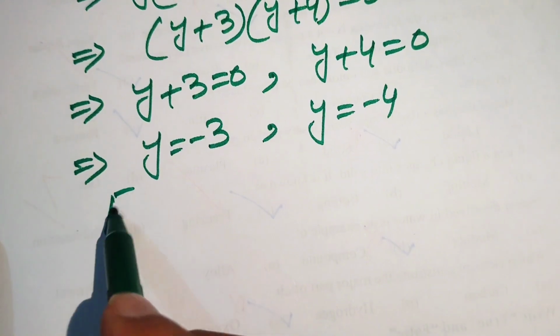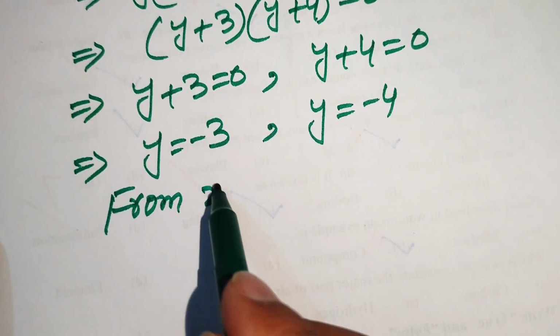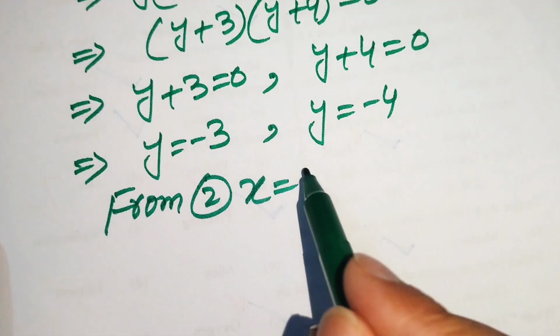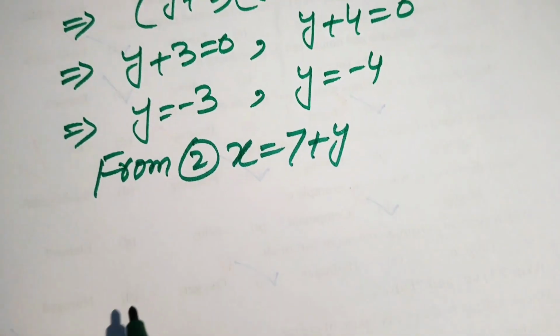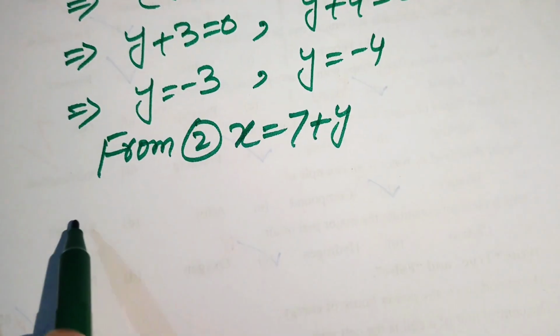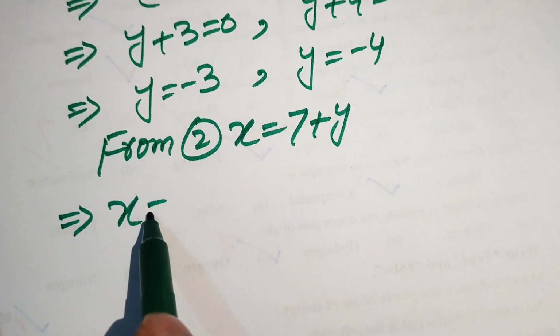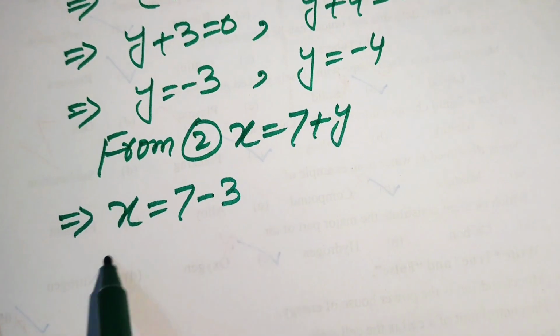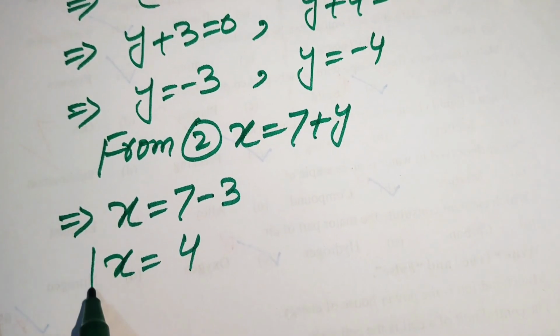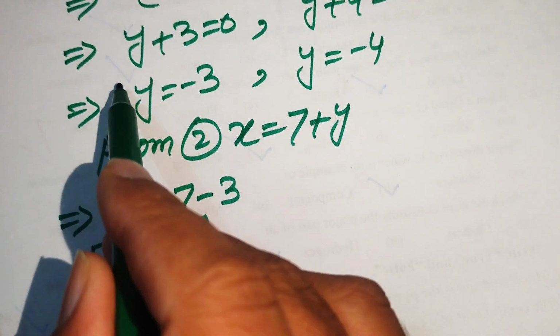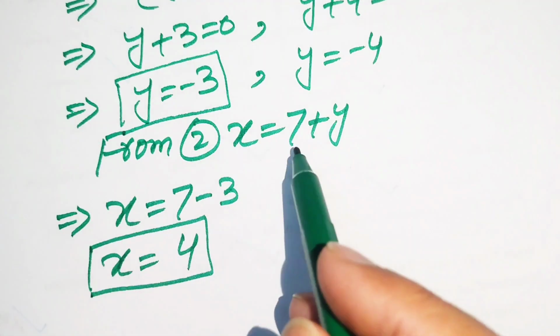So here we need equation number 2. Our equation number 2 is written as x equals to 7 plus y, and now we substitute these two values here, and it is written as x equals to 7 minus 3, and you get x equals to 4. This is the value of x corresponding to this value of y.